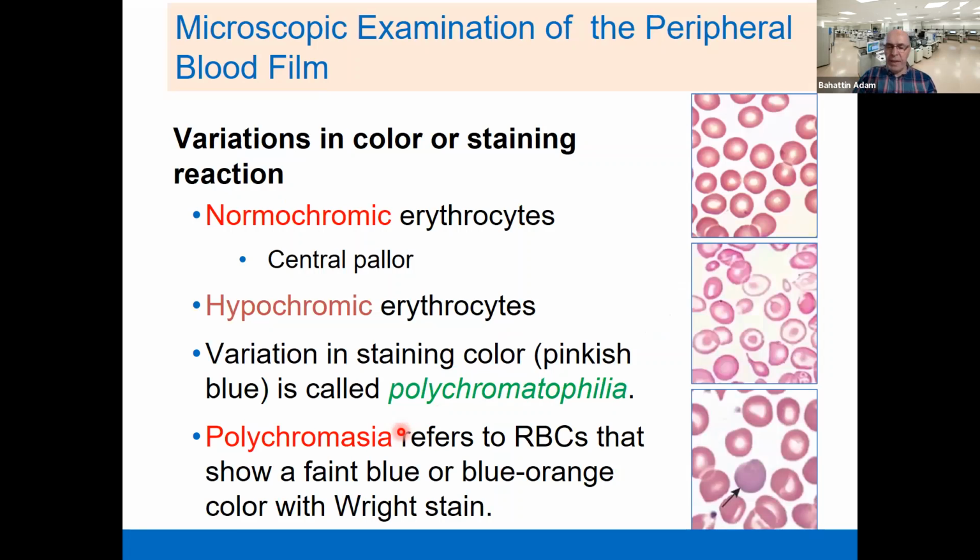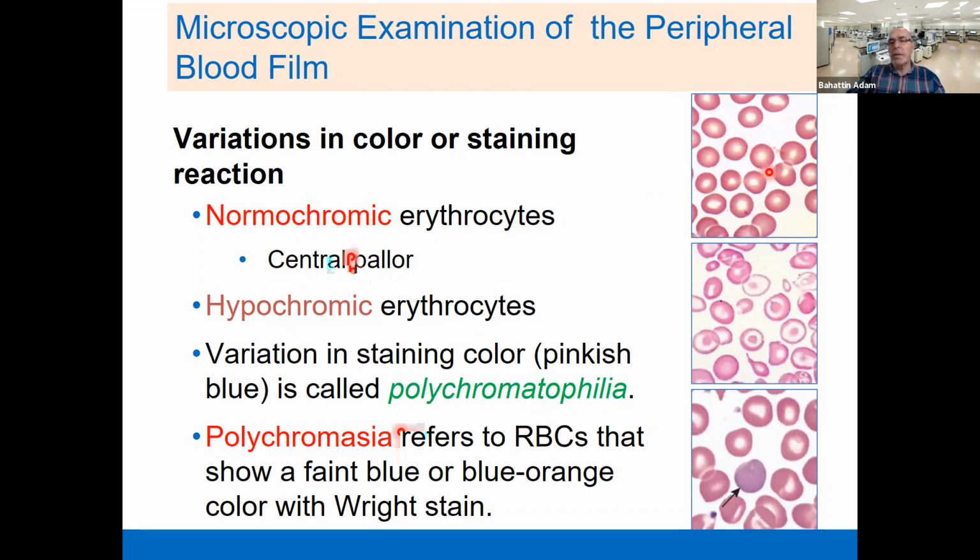Now let's go step by step. First we have to consider variation in color and staining reactions. You are going to stain the peripheral blood film and then see the variation in color and staining reactions. Normochromic erythrocytes, as you see in these pictures above, have a central pallor, right?